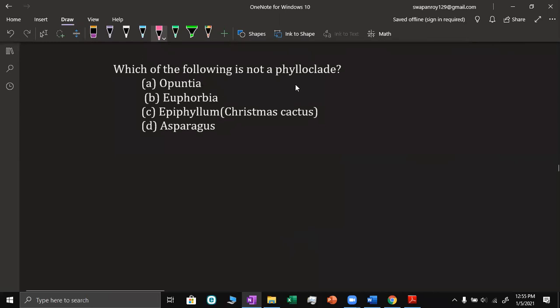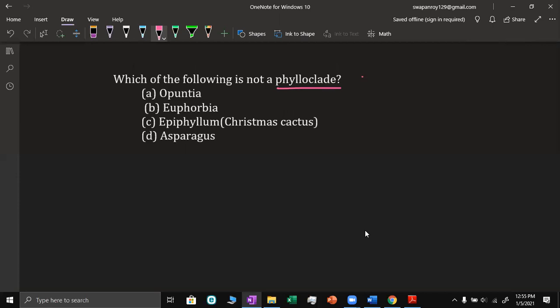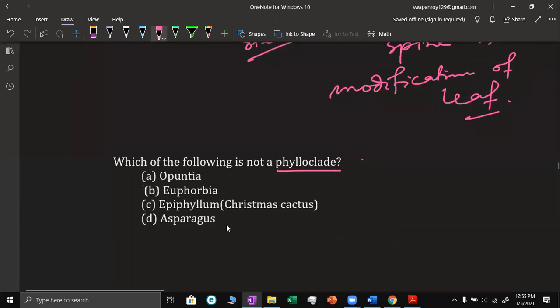Which of the following is not phylloclade? Opuntia, euphorbia, epiphyllum, asparagus. Asparagus, sir. In asparagus also modification is there. Asparagus modification is cladode.